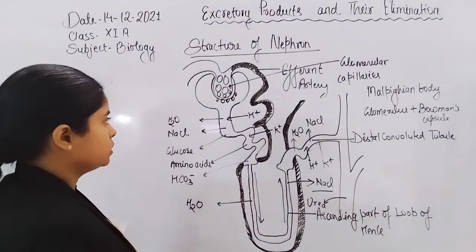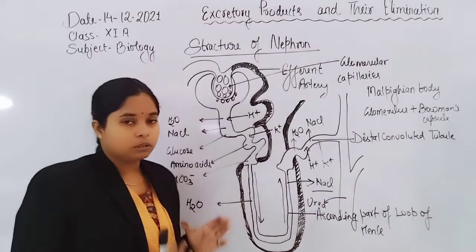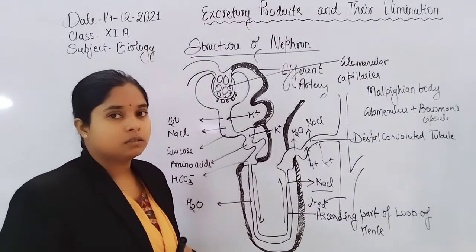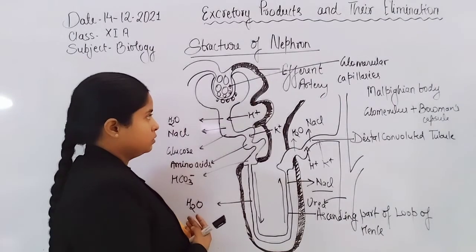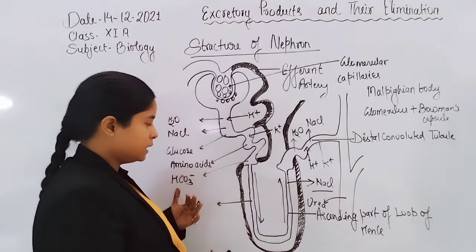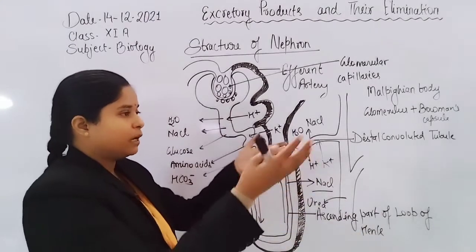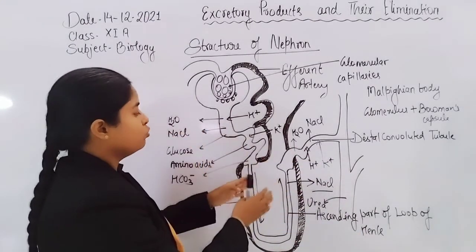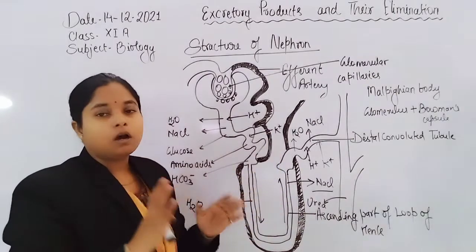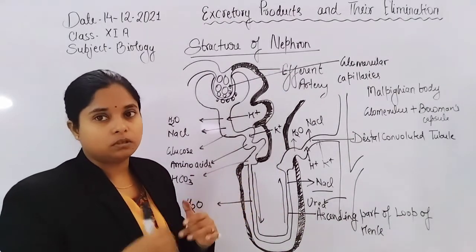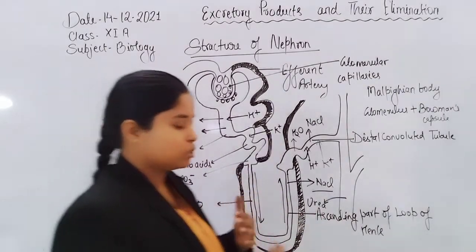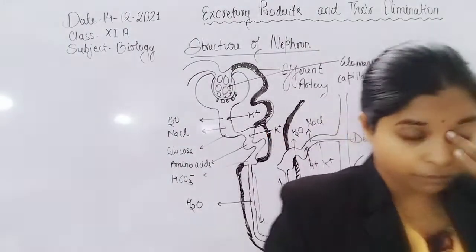First we have to understand that purification of blood takes place in the kidney, where toxic material and nitrogenous waste are removed through the nephron.